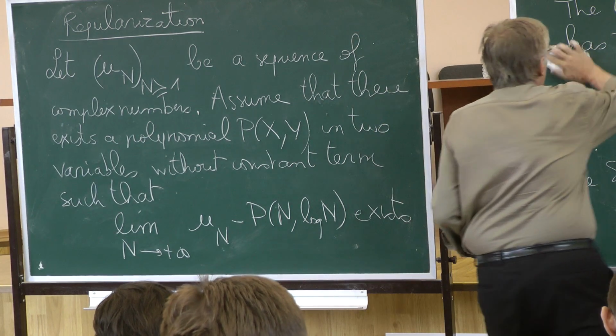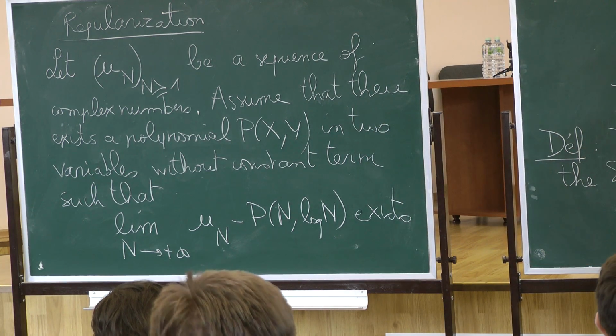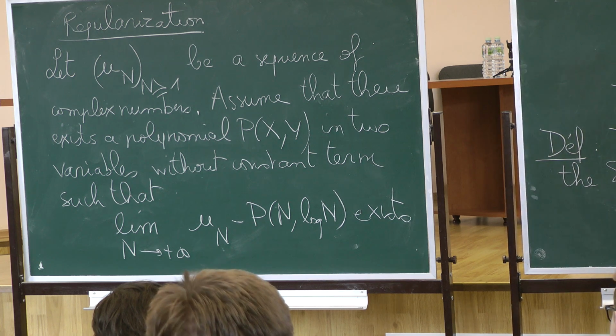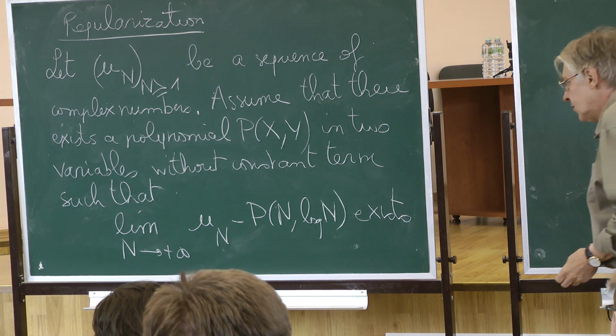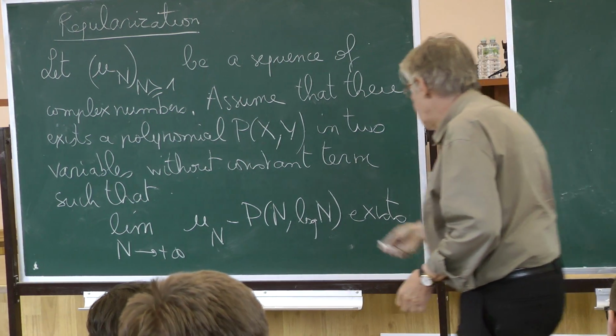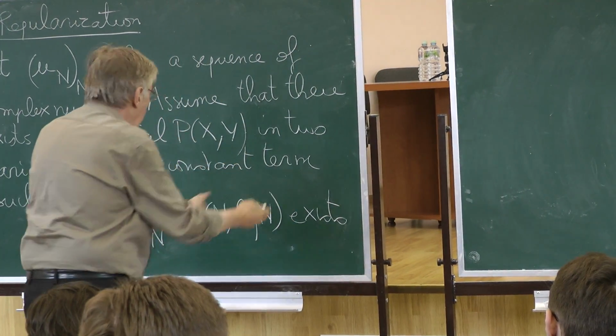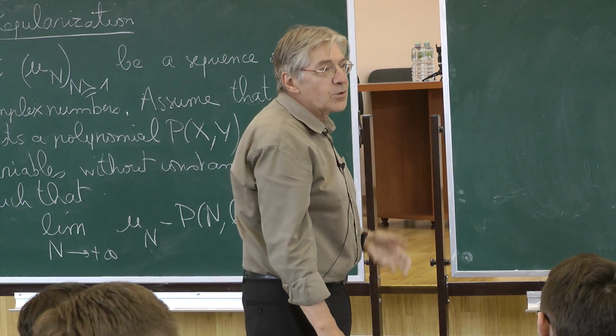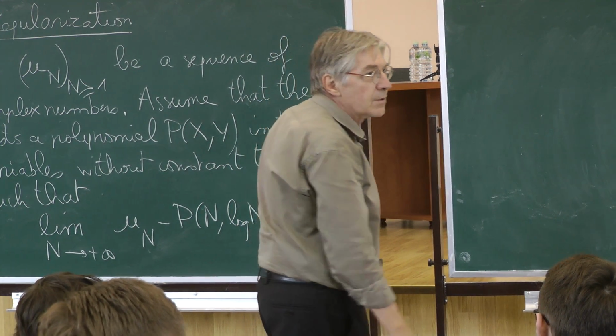So your series in fact behaves, when n goes to infinity, like a polynomial in n and log n without constant term plus a constant, which is this limit, and then this limit will be called the regularized value of the sequence.